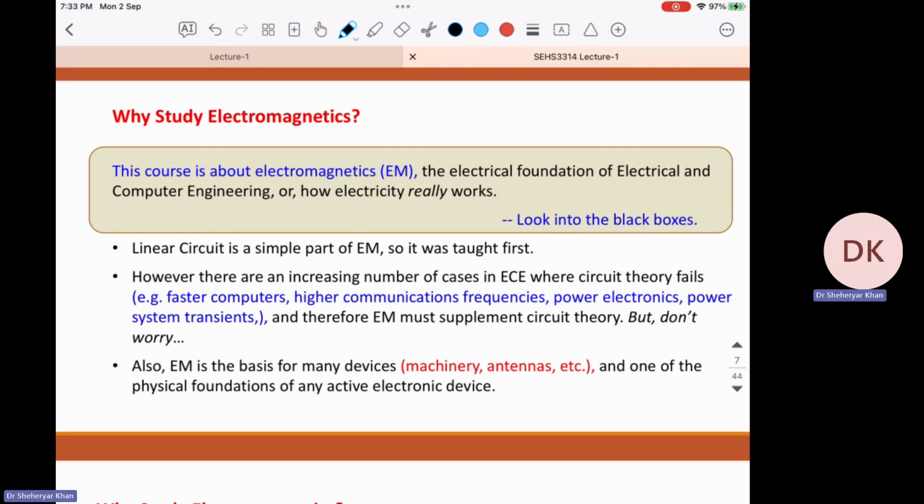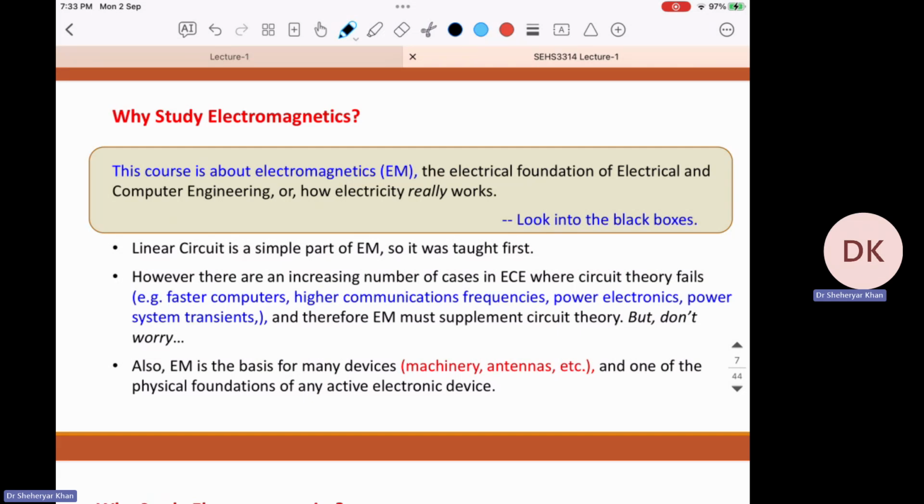For electromagnetic circuits, apart from V, I and R, you must know the amount of flux required, right? You must know the inductance, the coil inductance. Then you can find out the energy required, how much energy it will retain in terms of magnetic field, and then how much power it can supply, right? That's the reason why we need to understand those concepts, especially when dealing with electric and magnetic fields.